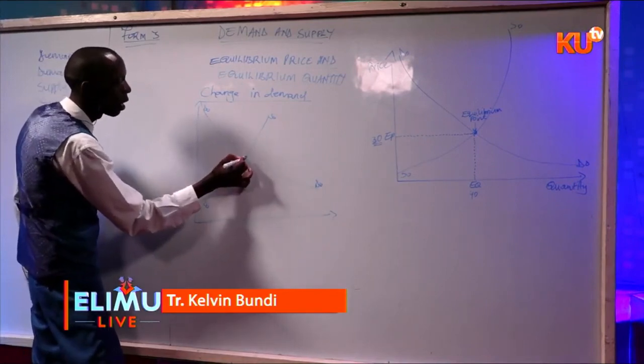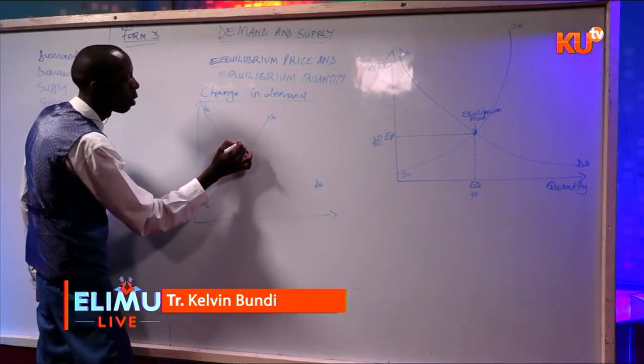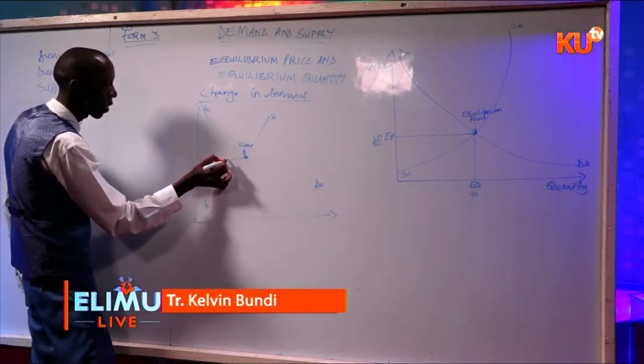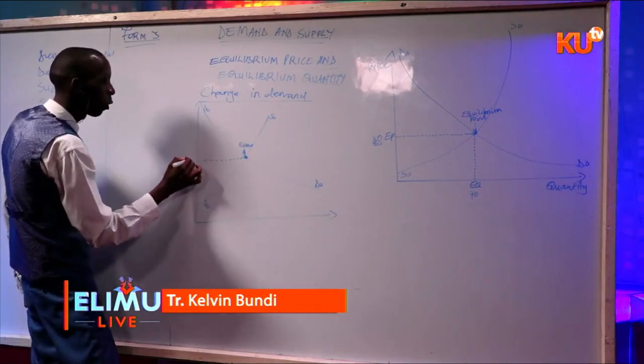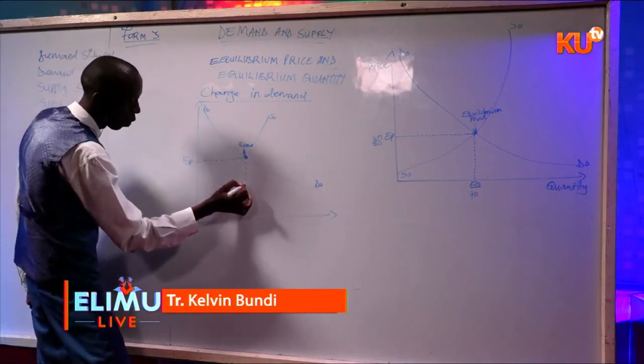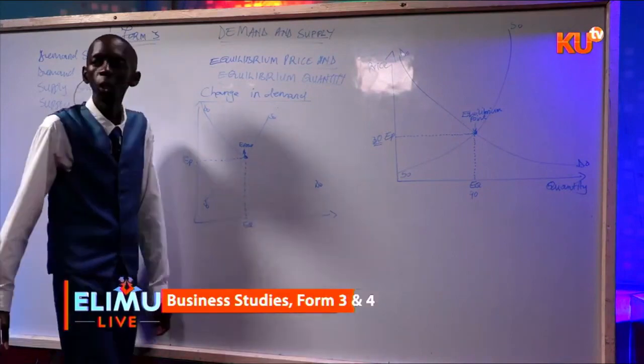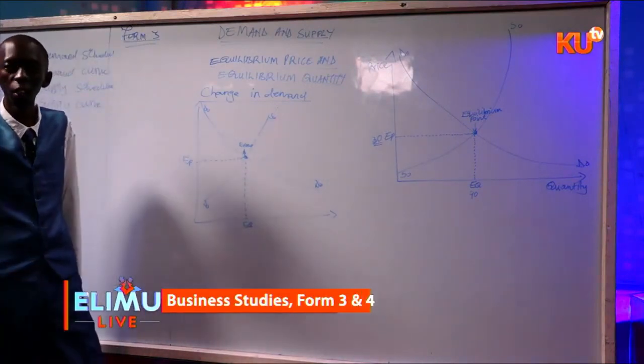We have the equilibrium point here, and we have the equilibrium price here. We have the equilibrium quantity there.